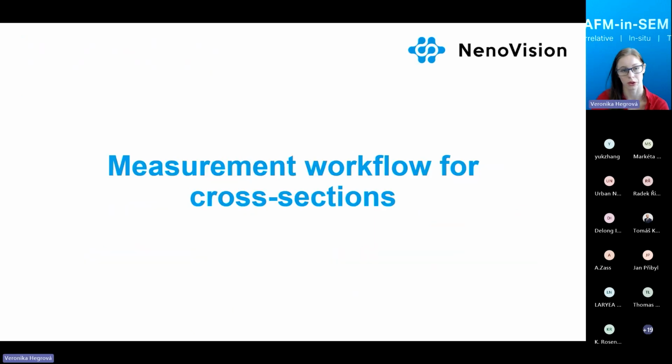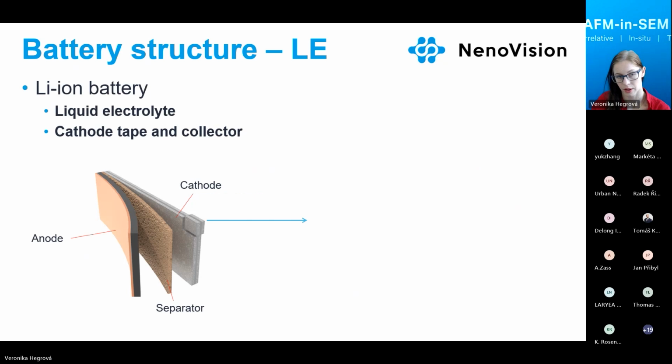And so if we continue to slightly different experiments which we've done and developed, let's have a look at the measurement workflow for cross sections of the samples. The first application is on battery structure. We're going to have a look at the lithium-ion battery with liquid electrolyte.